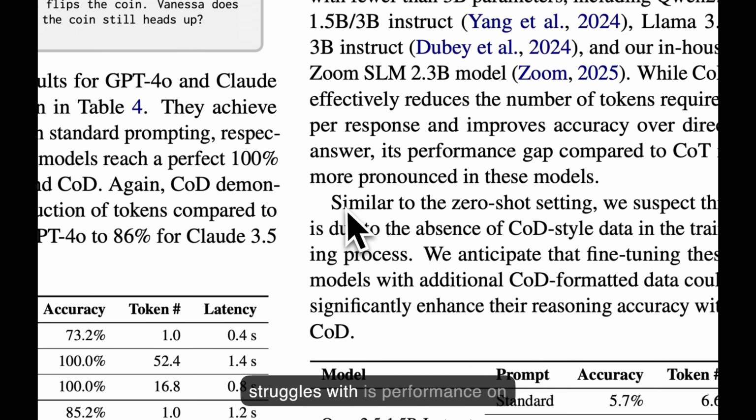Another limitation which it struggles with is performance on smaller models. Smaller models like 1.5 billion parameters or 3 billion parameters are trained with smaller data so that they can be run on everyday systems. That is where chain of thought is excelling a lot.